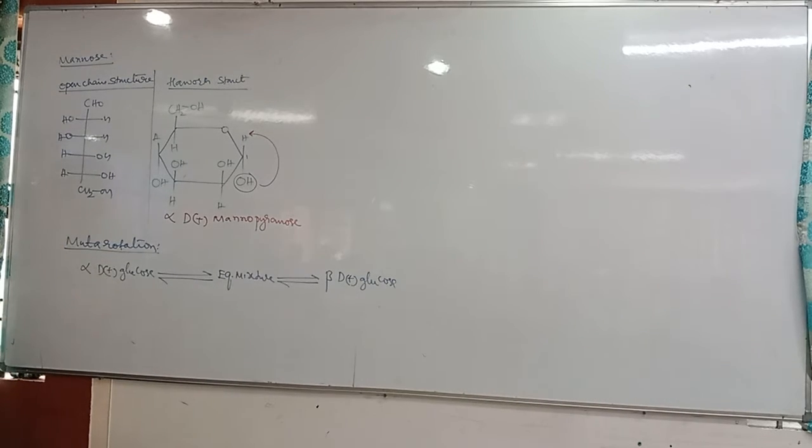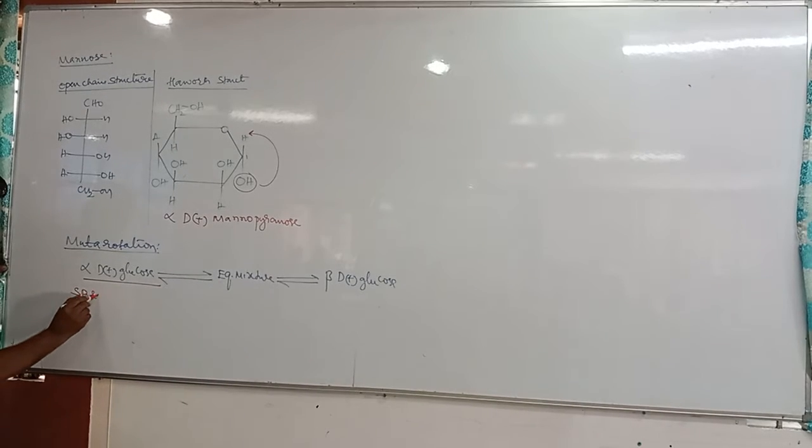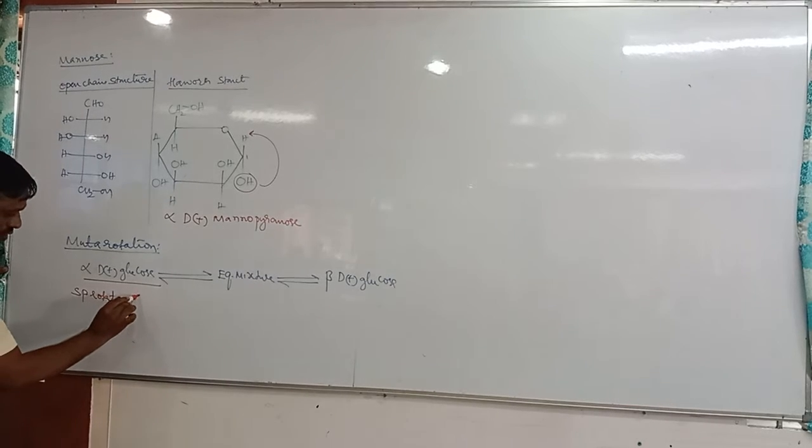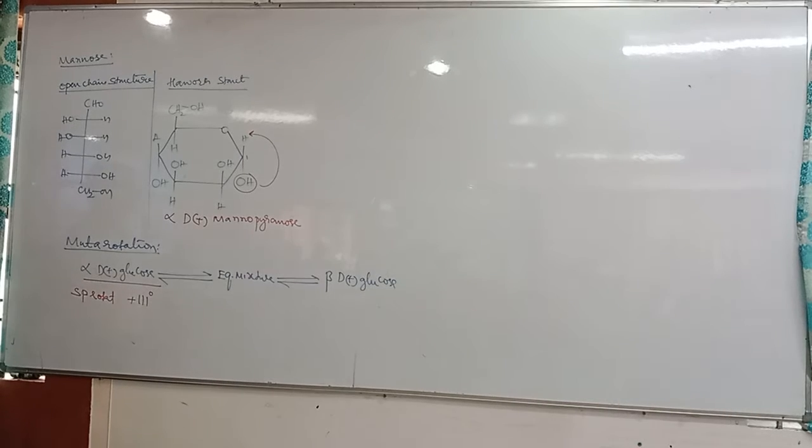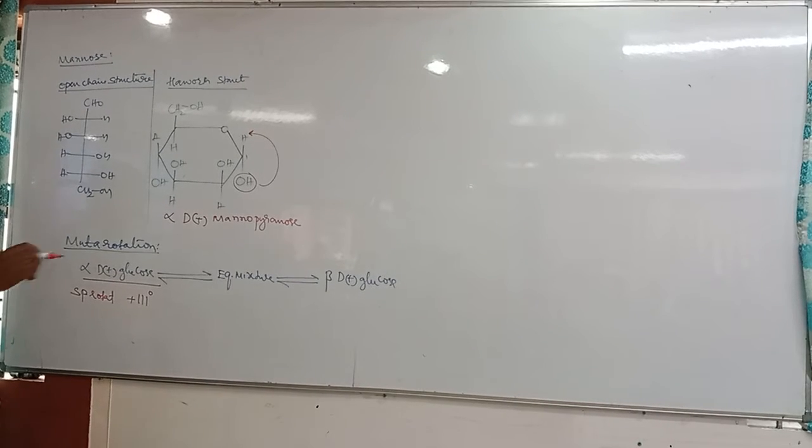Since it is a spontaneous process, there is also a change in specific rotation. What is the specific rotation of the alpha? It is plus 111 degrees. What is the meaning of plus 111 degrees? It can rotate plane polarized light to the right by 111 degrees.